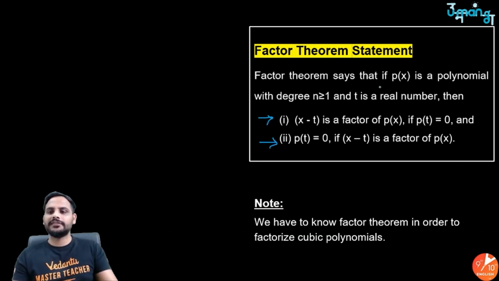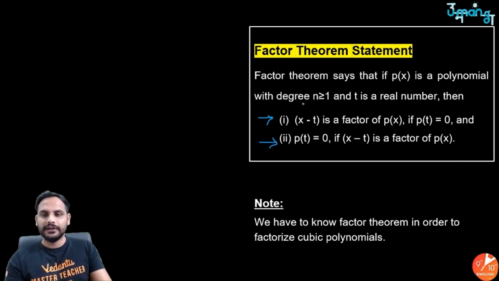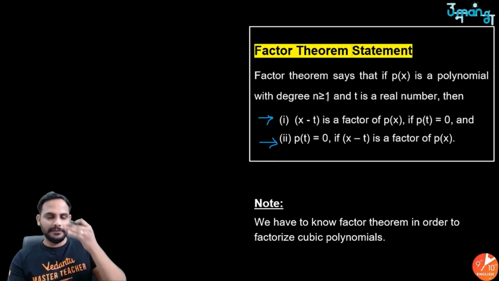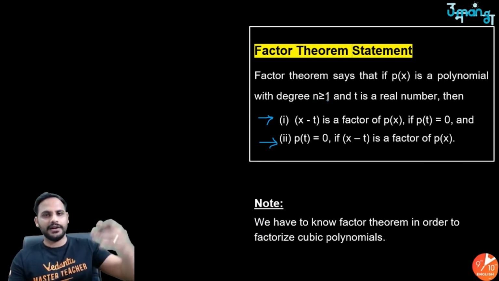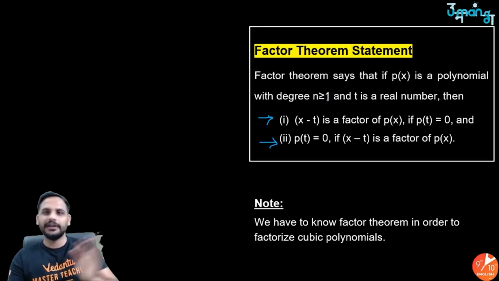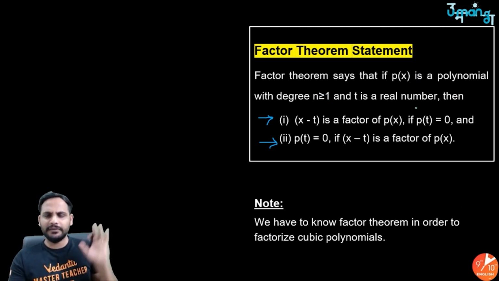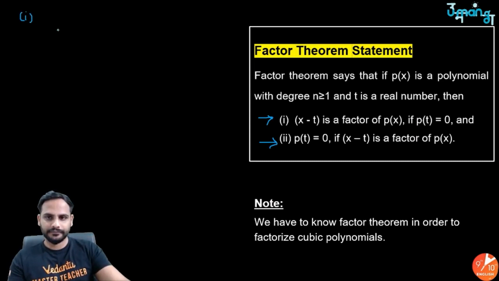Factor theorem says that if p(x) is a polynomial with degree 1 or greater than 1, that means at least linear polynomial, quadratic, cubic, degree 4, degree 5, anything, but minimum linear polynomial it should be, and t is a real number, such that first condition, x minus t is a factor of p(x) if p(t) is equal to 0. t is a real number.